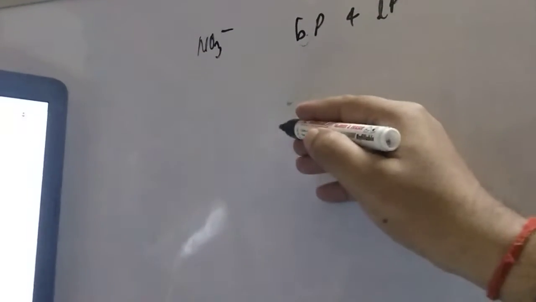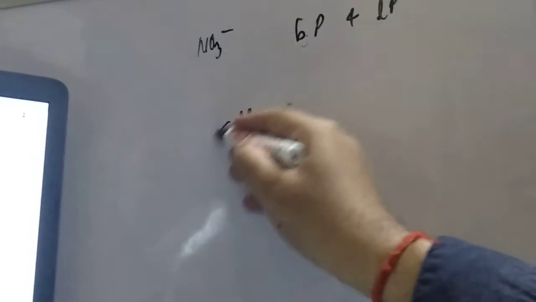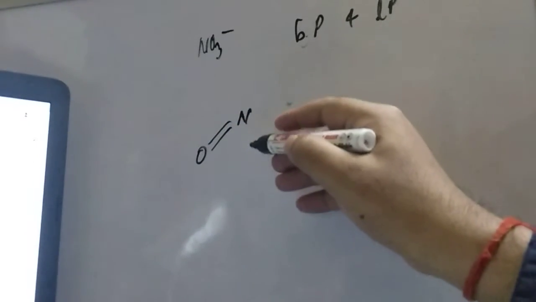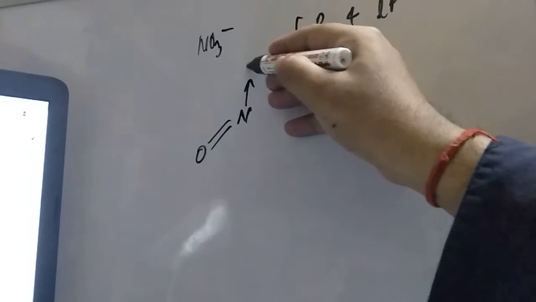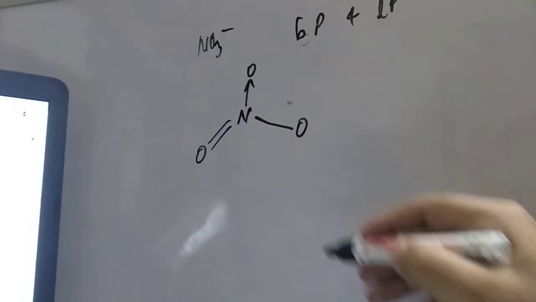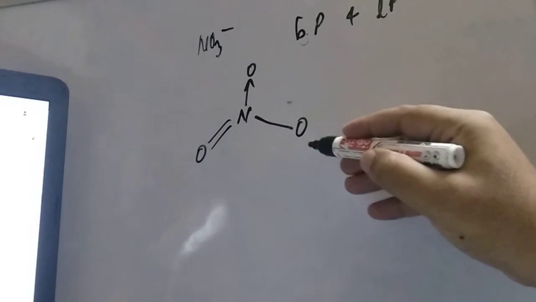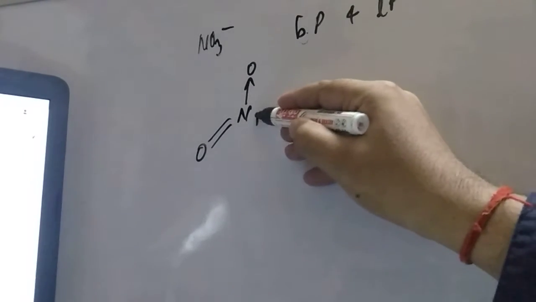Now let us come to the board for a better understanding. NO3 minus: first of all, you draw the structure. The NO3 minus structure is like this, student. It forms a double bond with one oxygen and a coordinate bond with another oxygen, and with this one it also forms the sharing of electrons; the minus charge will donate here.